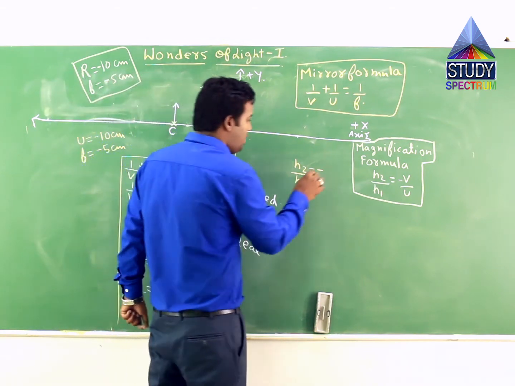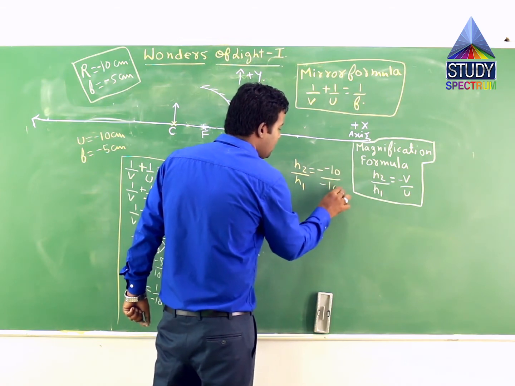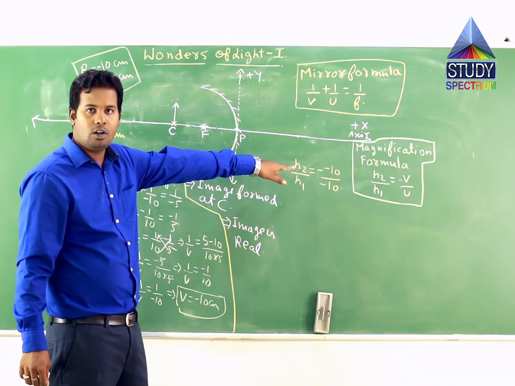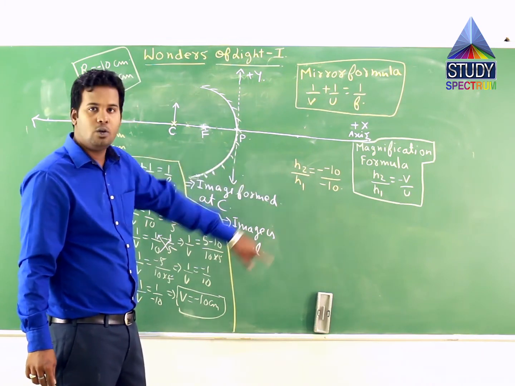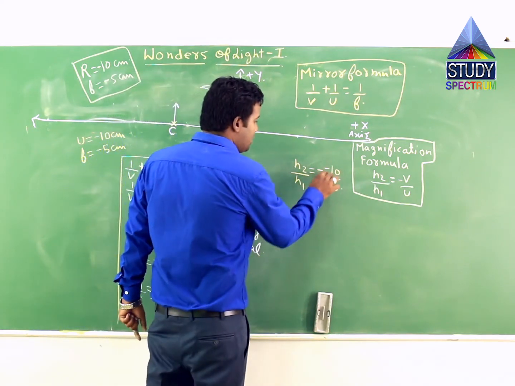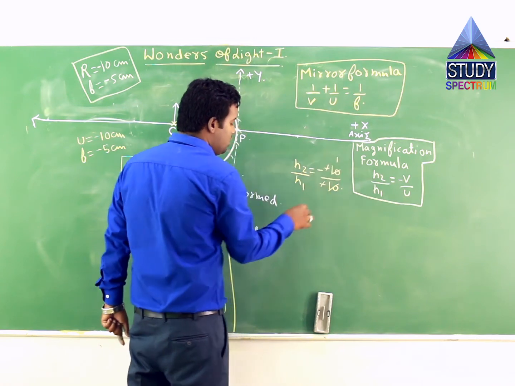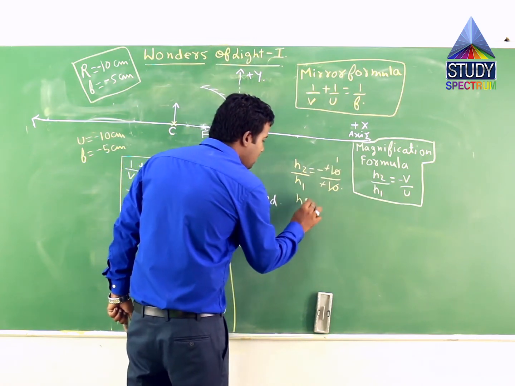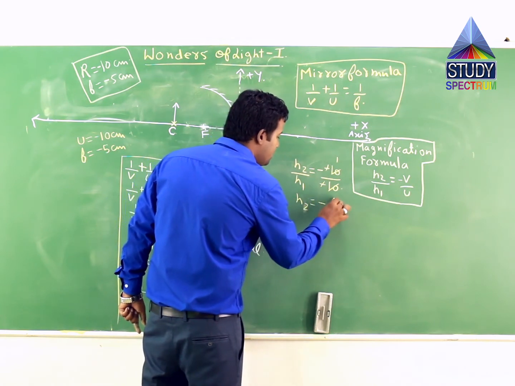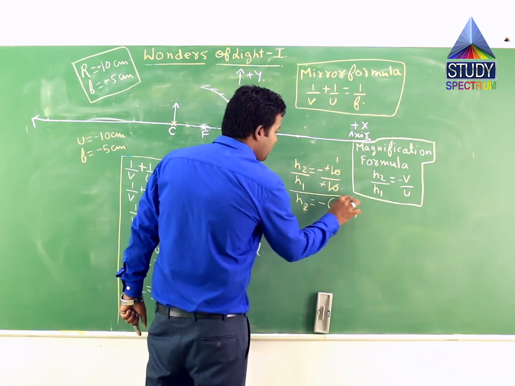So it becomes minus of minus 10 divided by minus 10. The value of V is minus 10, so I have written it on the numerator side, and the value of U is minus 10, I have written on the denominator side. One of these minus signs gets cancelled. 10 into 1 is 10, so if I take H1 on the right hand side, H2 becomes minus 1 times H1.